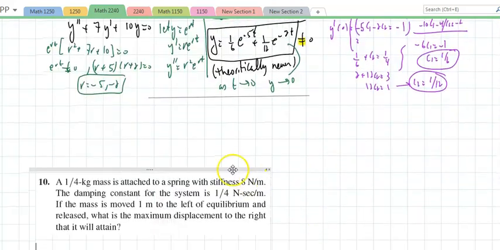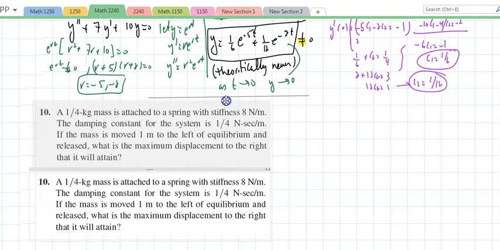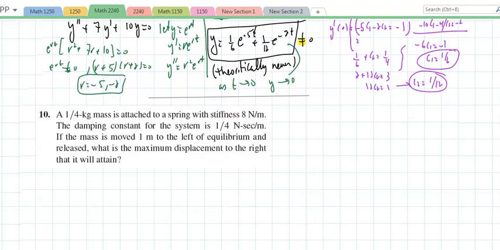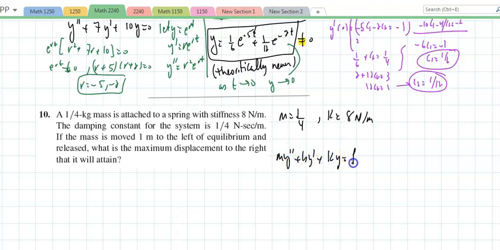And one more. And here, we're dealing with a mass of 1/4 of a kilogram attached with a stiffness. They give us stiffness, and that is k equal 8 newtons per meter. So again, it's my double prime plus by prime plus ky equal f of t, which is the external force.